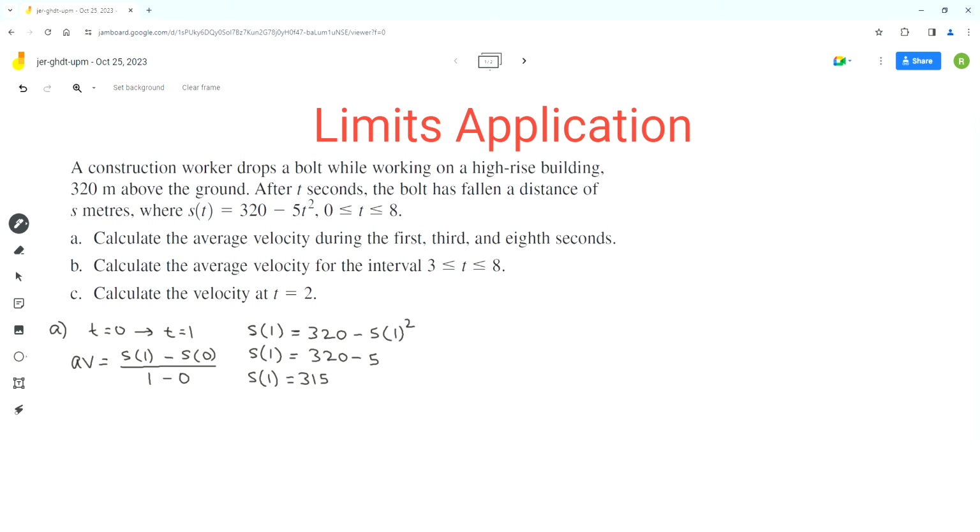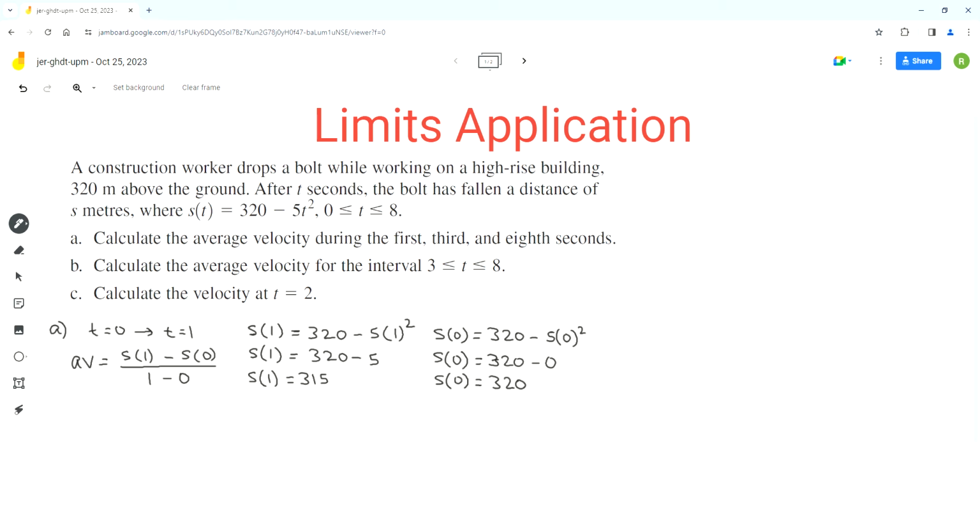Now we also have to calculate s at 0, so we'll sub in t as 0. So s at 0 will be equal to 320 minus 5 times 0 squared. 0 squared is 0 and 5 times 0 is 0. So s at 0 is equal to 320.